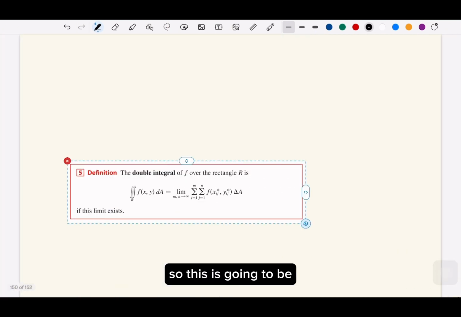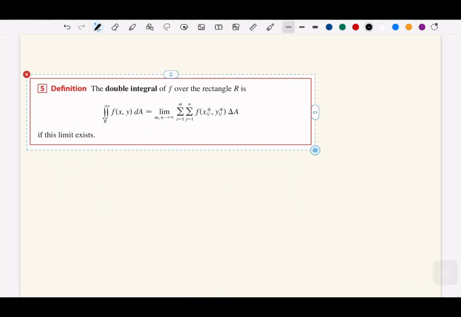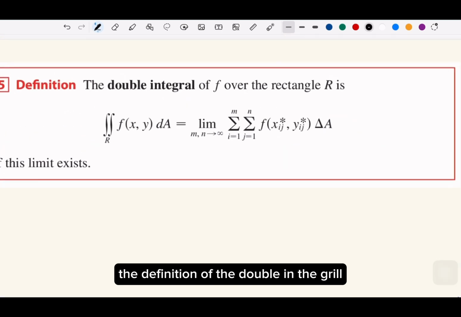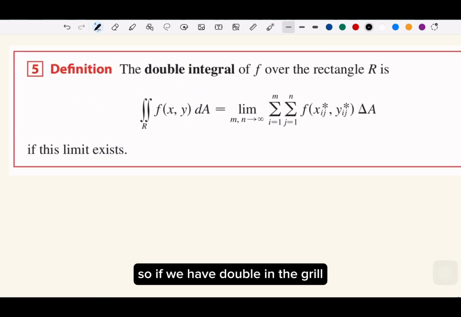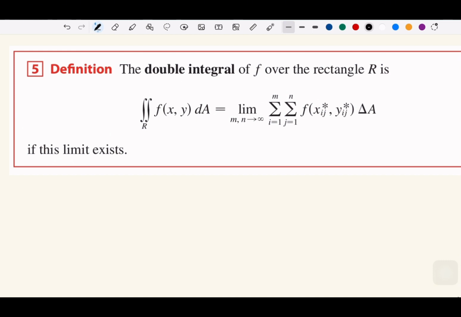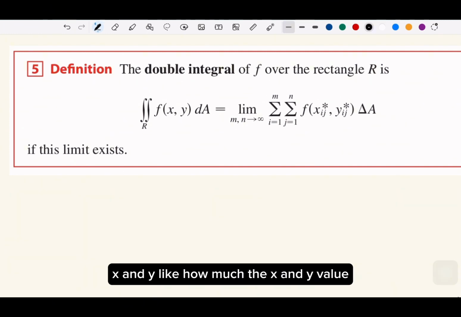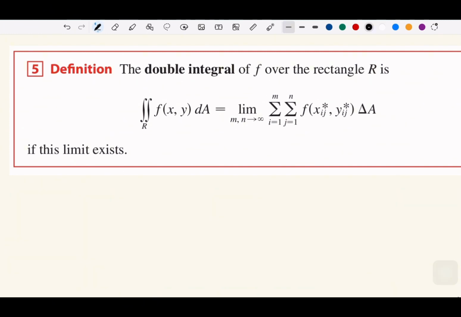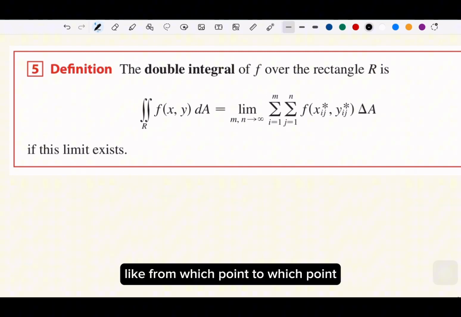So this is going to be the definition of the double integral. If we have the double integral of f over the rectangle R, then R needs to be defined in x and y, like from which point to which point.